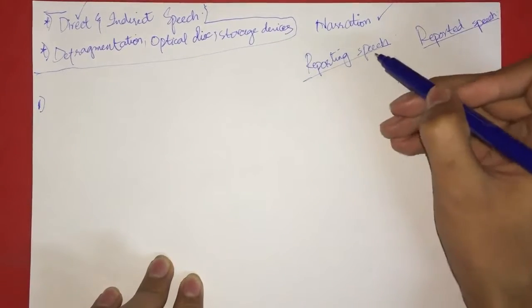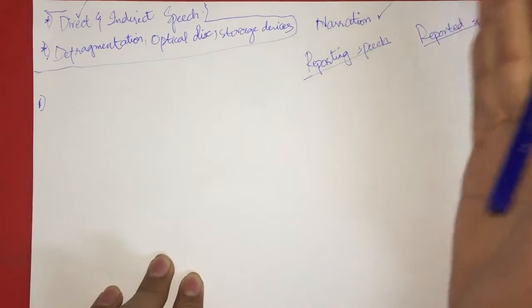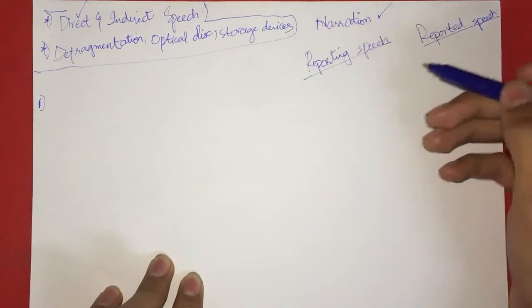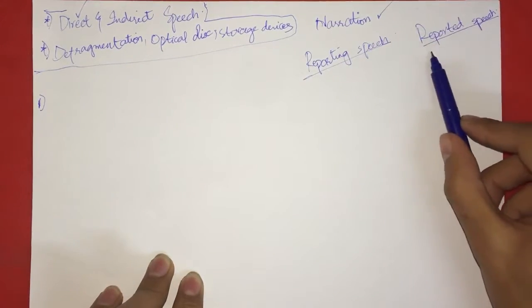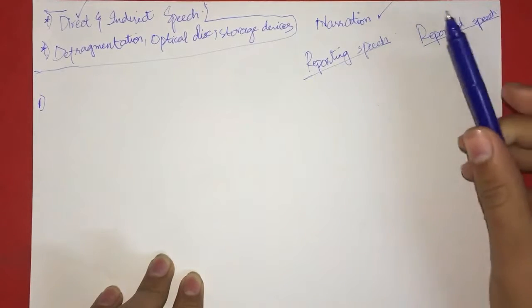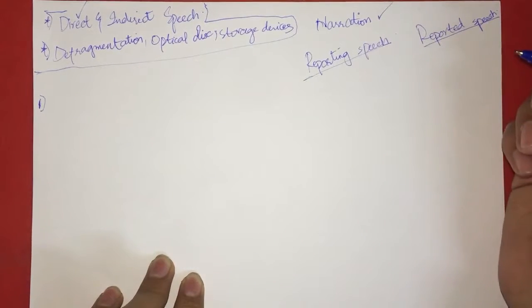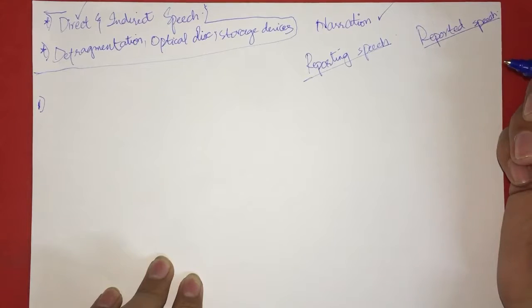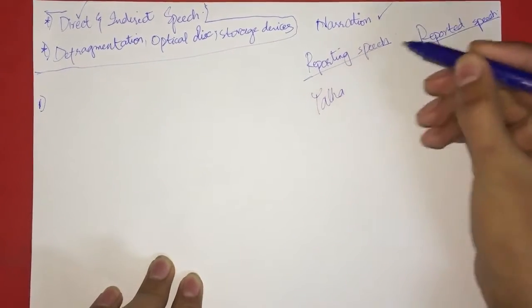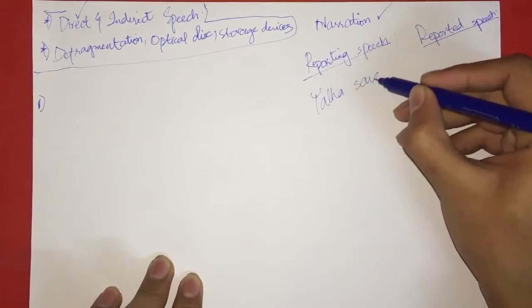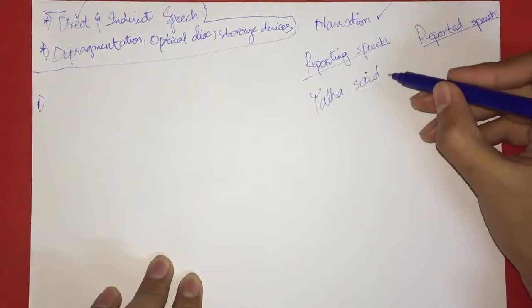In reporting speech, you address the person who said the reported speech. So for example, if I say Talha says, or Talha said, and then I put a comma.